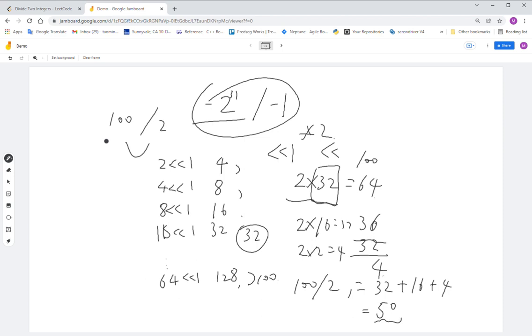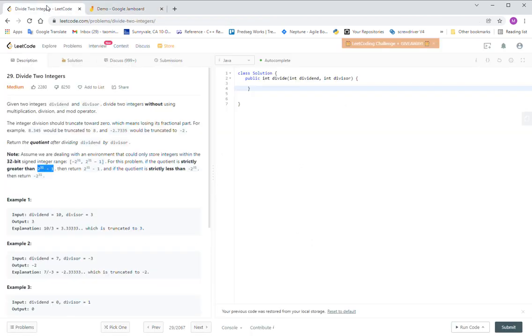Only in this case, the result will be more than the maximum of 32-bit integer. This is the max of 32-bit integer. So we need to consider this boundary problem. Okay, let us start to coding.